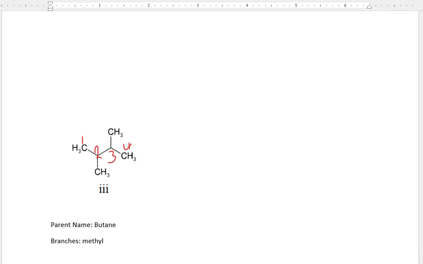The IUPAC name will be, so we have the first methyl group at 2.